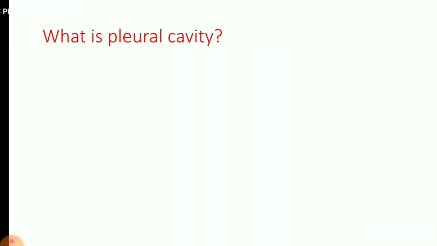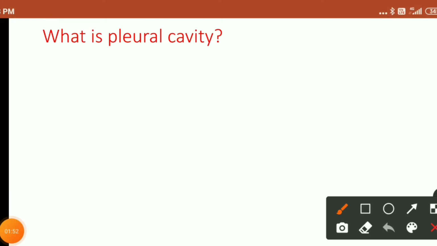Now we go to the next topic, what is the pleural cavity. It's very simple after we understand parietal and visceral pleura. Simply we say that the pleural cavity is the potential space that is present between parietal and visceral pleura.